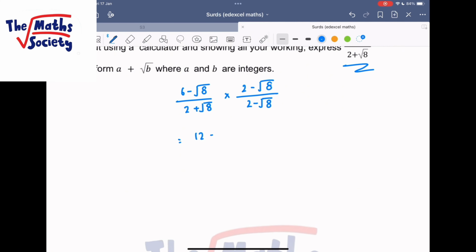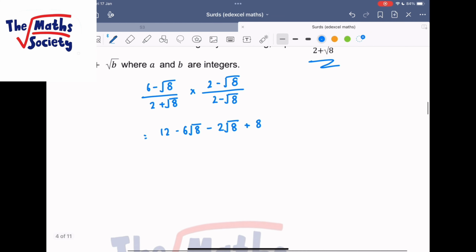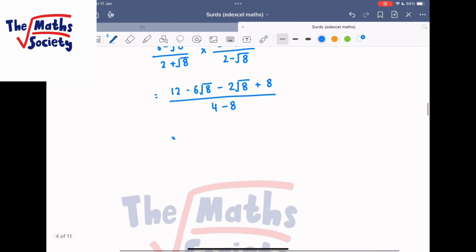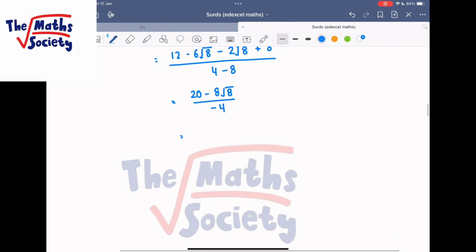So then you'll have 12 minus 6 root 8 minus 2 root 8 plus 8, divided by 4 minus 8. So then you will have 20 minus 8 root 8 divided by minus 4, yeah?